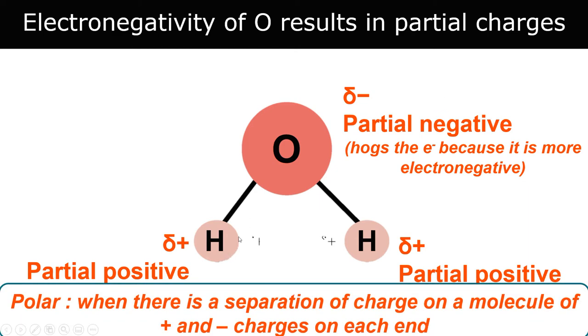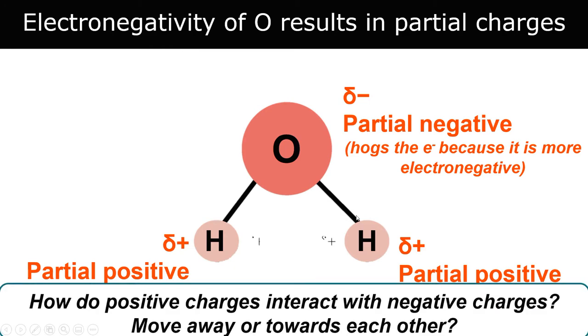So a polar molecule is any molecule where you have this sort of separation of charge due to a difference in electronegativity. And in this case, it's the oxygen that's pulling that negative charge, and then you end up with a partial positive on the other end. So water, like many other molecules, is considered to be polar. You can also think of it as acting like a little magnet with a north and south pole.